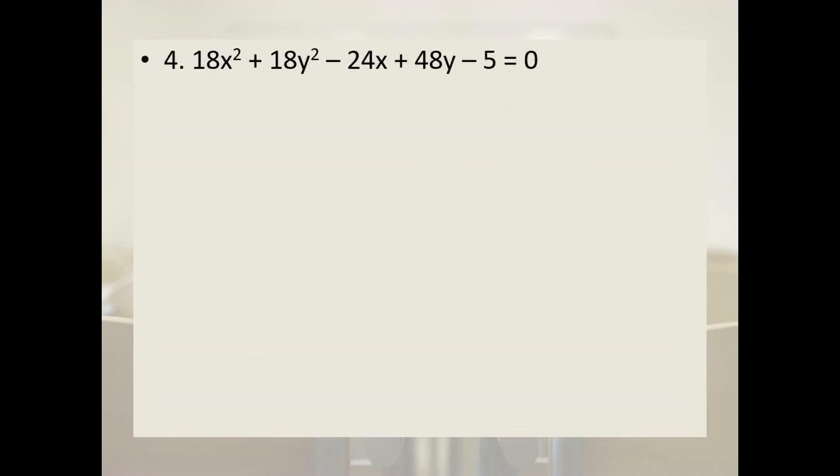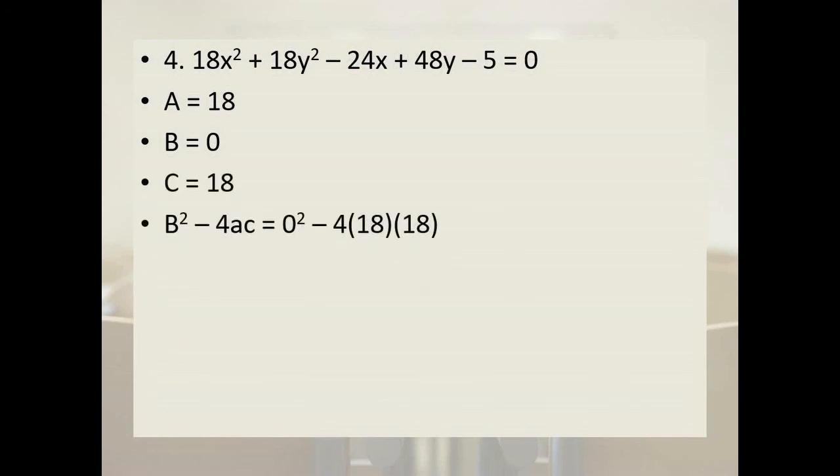Number 4. 18x squared plus 18y squared minus 24x plus 48y minus 5 is equal to 0. A here is equal to 18, B is equal to 0, and C is equal to 18. So B squared minus 4AC is equal to 0 squared minus 4 times the quantity 18 times 18.